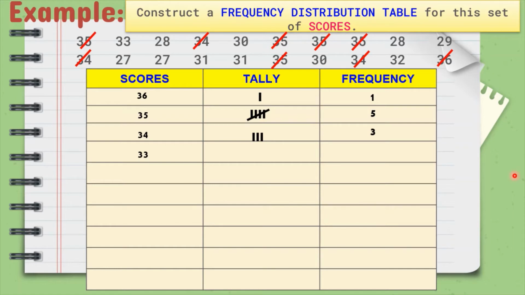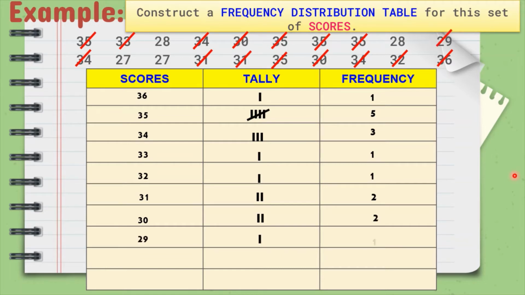Next, number 33. 1 only. And then now, 32. 1. Only 1. And then 31. 1, 2. Okay. And then 30. 1, 2.